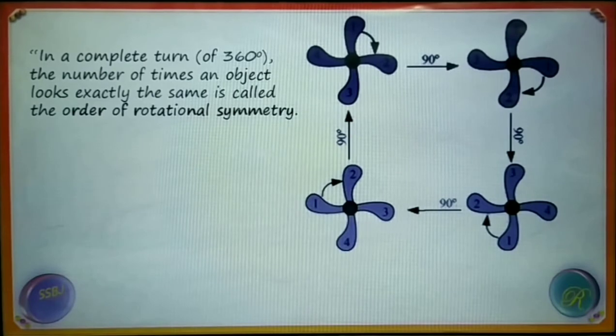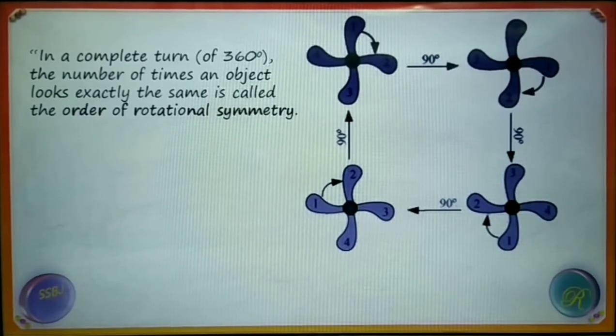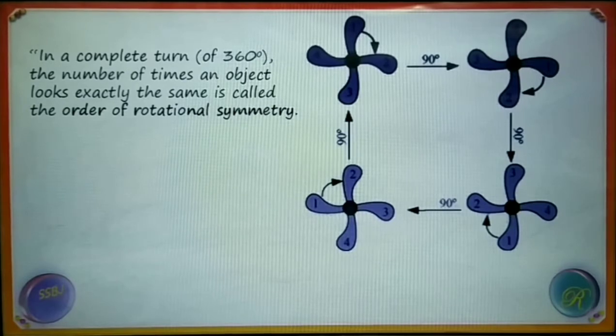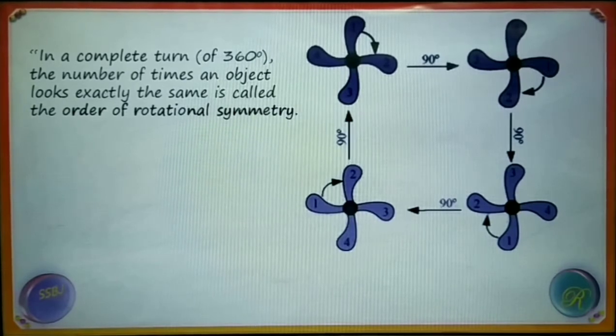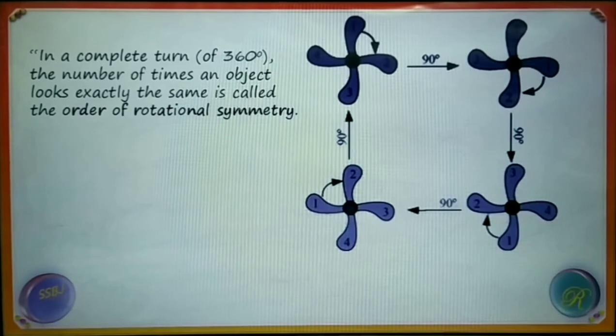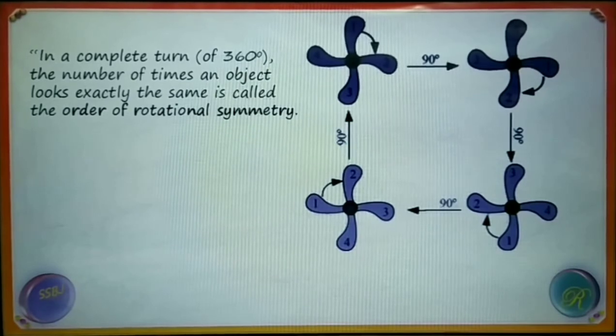In a full turn, there are precisely 4 positions, on rotation through the angles 90 degrees, 180 degrees, 270 degrees and 360 degrees. Therefore, the fan is said to have a rotational symmetry of order 4 about the center of rotation.